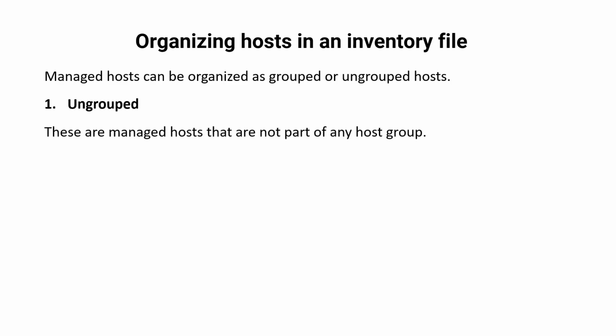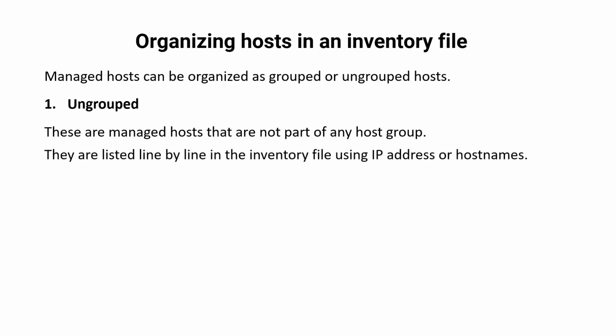Ungrouped hosts are managed hosts that are not part of any host group, and these are usually listed line by line using either their IP addresses or host names. And this is what we had earlier in our host file, all right? So we just had hosts using their IP addresses.